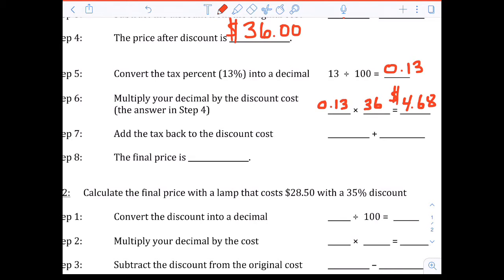So now we have to add the tax back. So the new price of the shirt was $36, and we're going to be adding our tax of $4.68. When I add those together in my calculator, we get $40.68.